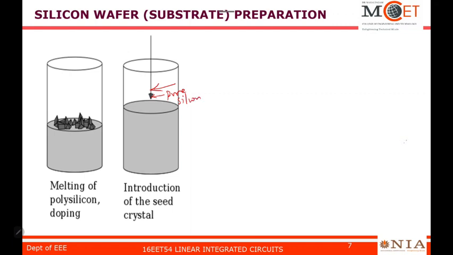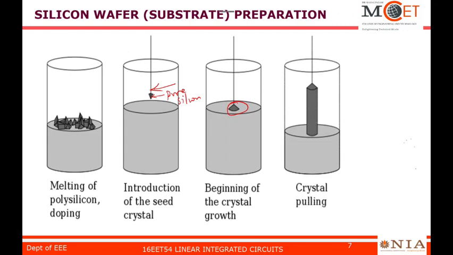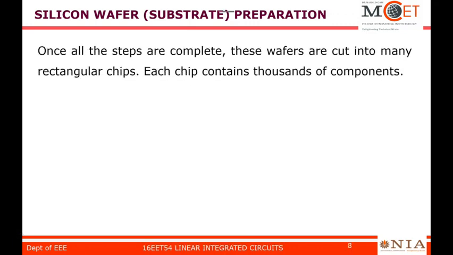Then the beginning of crystal growth. The crystal is grown around this seed. Then crystal pulling. Then the formed crystal, with residue in the melted silicon.